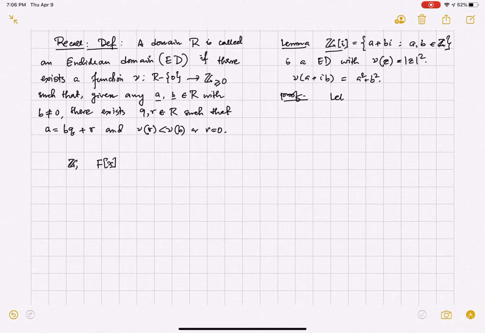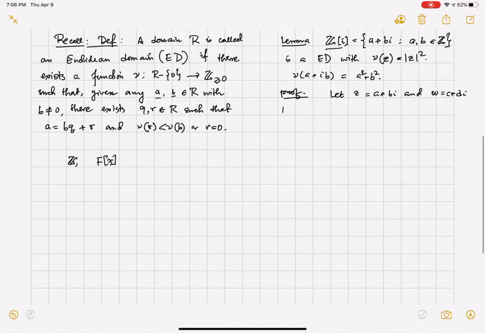Let z equals a plus bi and w equals c plus di be two elements of Z[i]. So a, b, c, d are integers and w is non-zero.